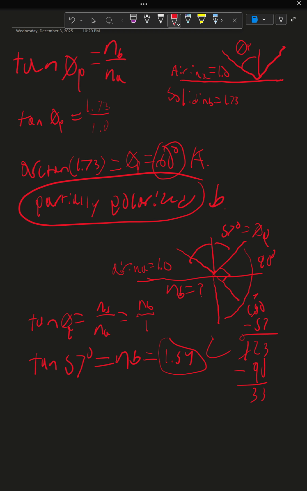So it's an angle of 33 degrees, the refracted angle from this perpendicular line to the material's surface. So yep, right here, this is theta B.